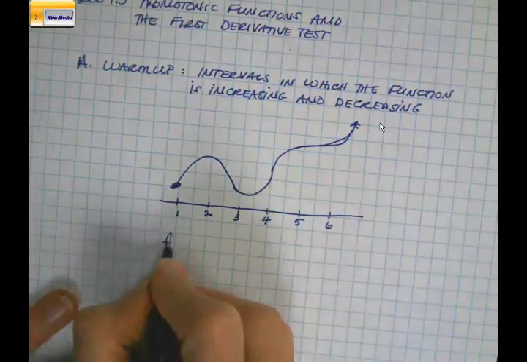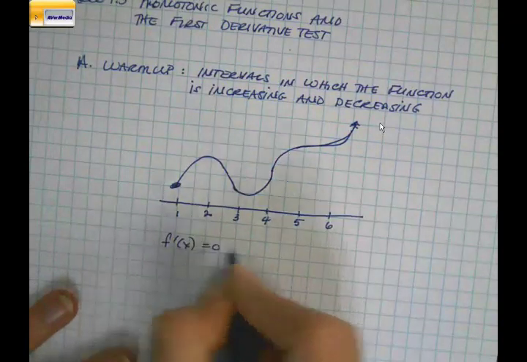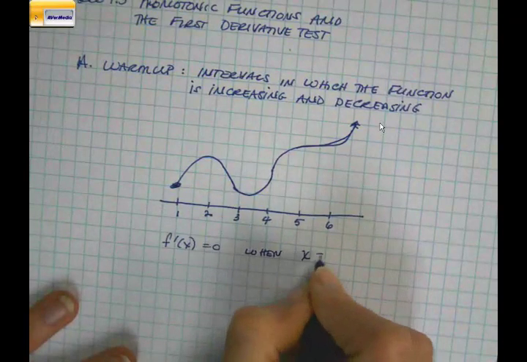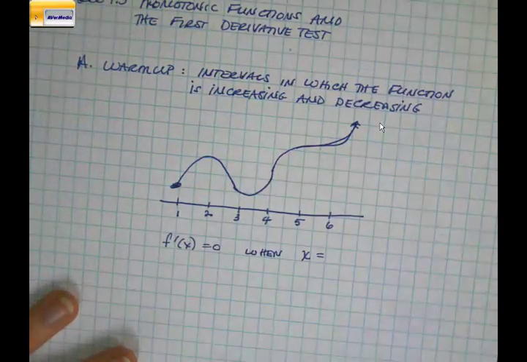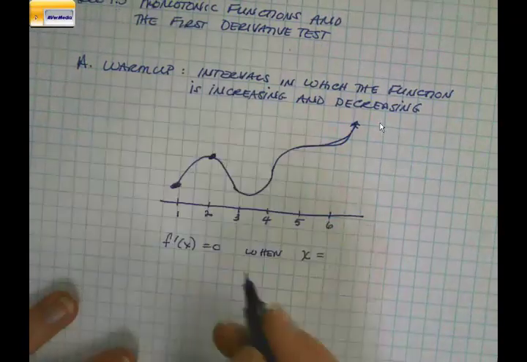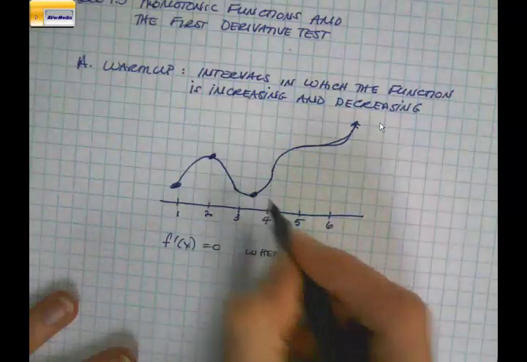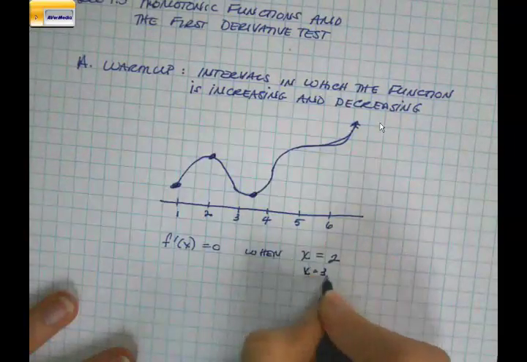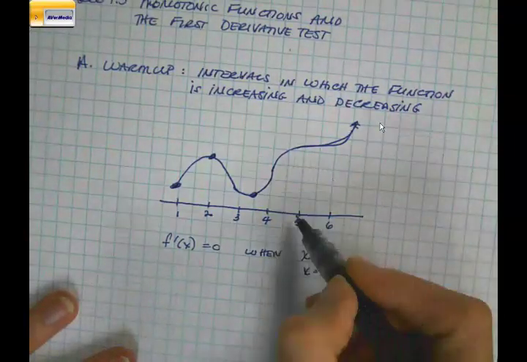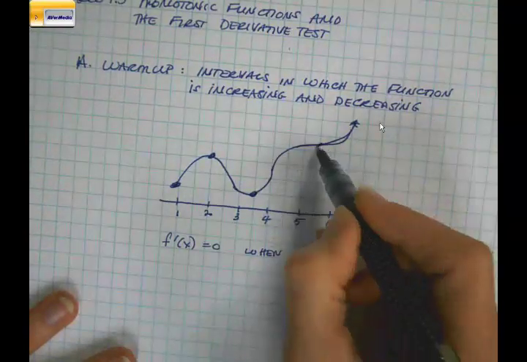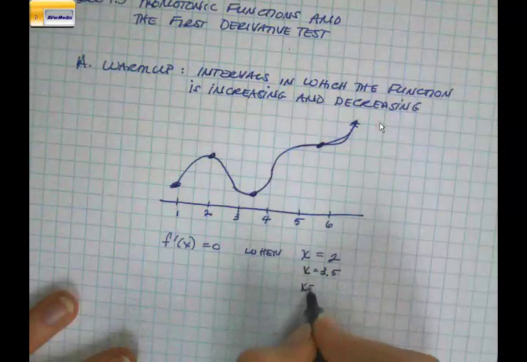Okay, so f prime of x equals 0 when x equals what? 2. x equals 3.5. And I was trying to make it happen, let's say at 5.5.